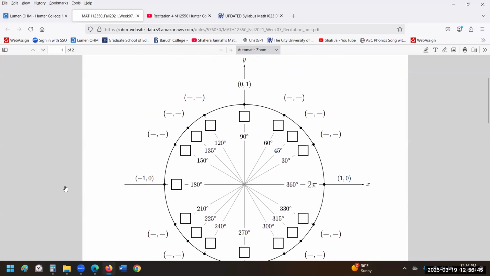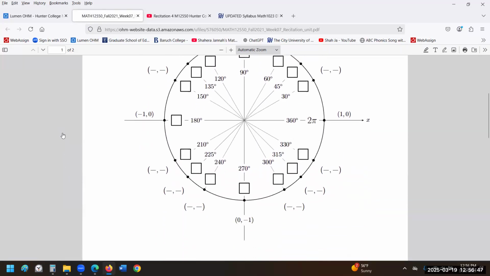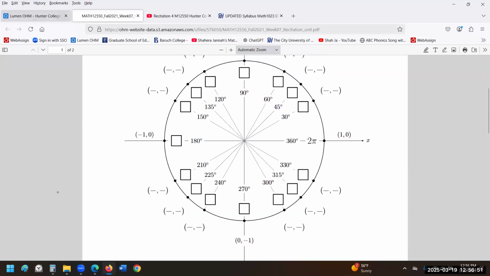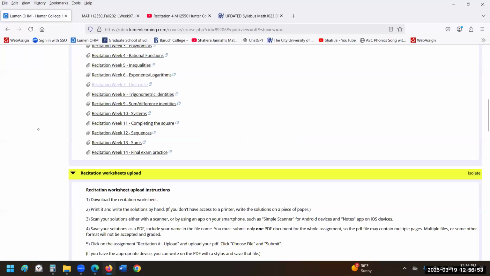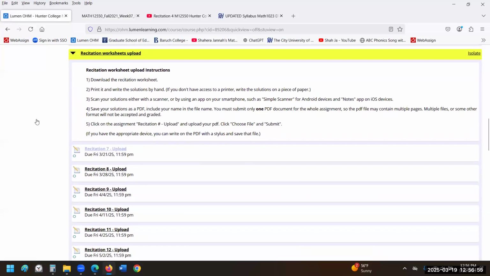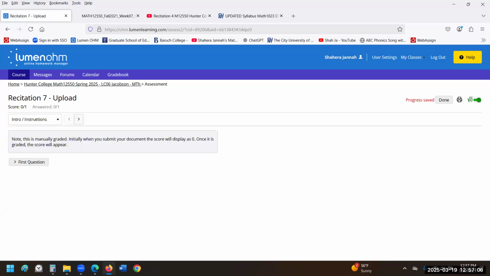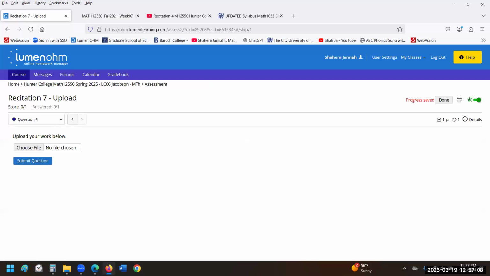You can fill it out using your tablet or anything, or you can print it out and write on it. Then to upload, you go to the next option and you see unit 7 uploads. You actually have to do it by Friday, before midnight. You click on start, upload your first question, upload your file, and then submit.